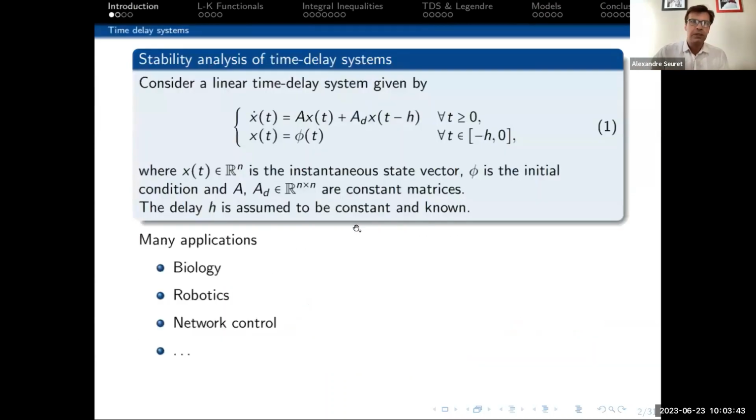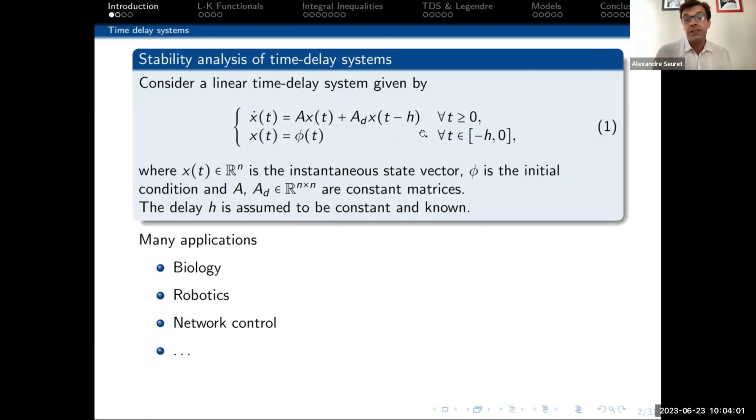So in this talk, I will mainly talk about this simple system. It's a linear time delay system that is driven by this equation. So you have the delay term that is here.